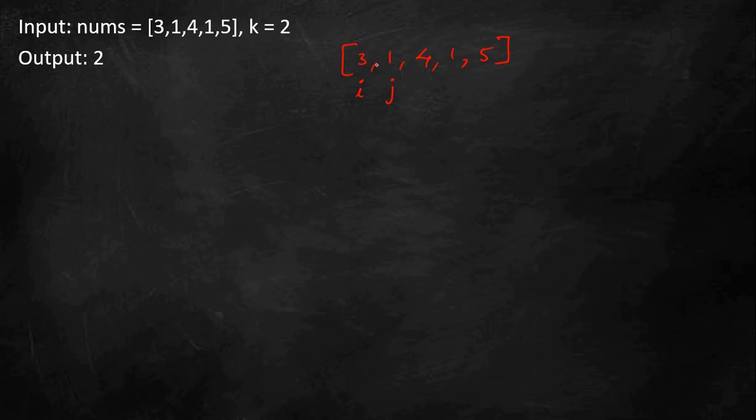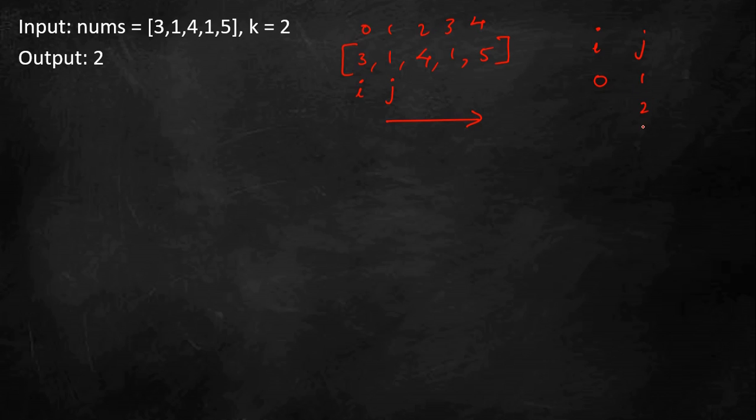So j should always be looking forward and should be greater than i. So for each value of i I can check the next values of j. When i is 0, I can check for j equal to 1, and the indexes are 0 1 2 3 4, so the last index is 4.